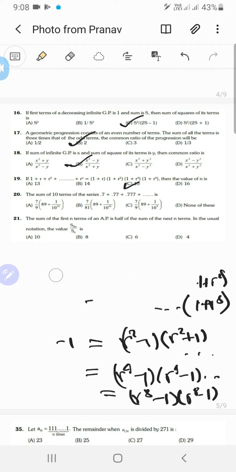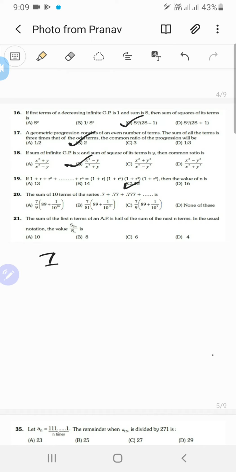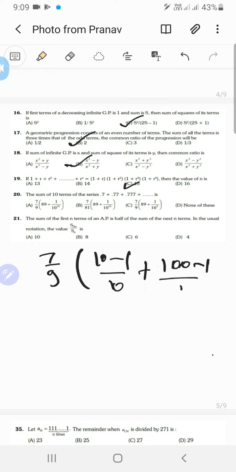Okay, the next question is, the sum of 10 terms of the series 0.7 plus 0.77 plus 0.777 is... too bad, we already did these kind of questions once, but whatever, let's just do this once again. So you get 7 by 9 of (10 minus 1) upon 10 plus (100 minus 1) upon 100.